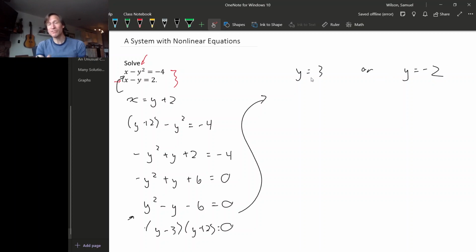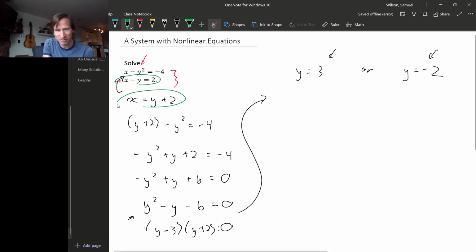Now remember, to solve a system, we need to find a value for every variable. So here we have two possibilities for y. That means for each of these possible y's, there's an x that goes along with it. And to find the corresponding x's, we can just take this equation right here and plug in the y values to see what the corresponding x is. So when y is 3, we get x is 3 plus 2, so that's 5.